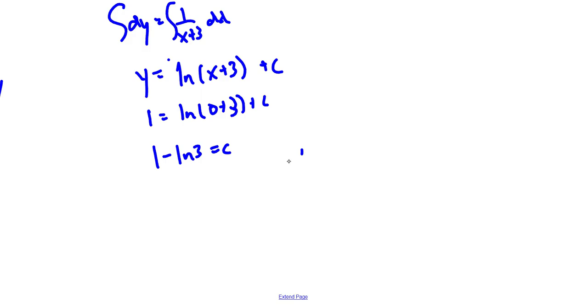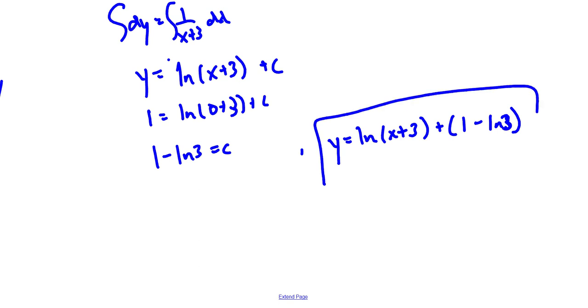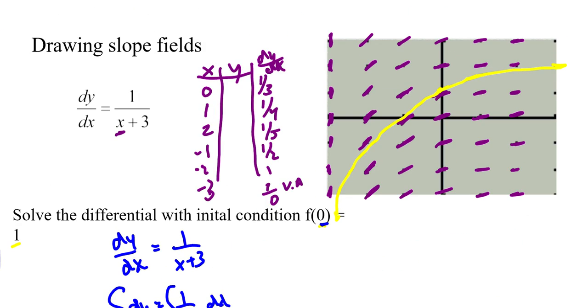And so we have our final answer, y equals the natural log of x plus 3. So our vertical asymptote is at -3, plus the quantity 1 minus natural log of 3. That appears to be that one value that we have, and that's our solution curve.